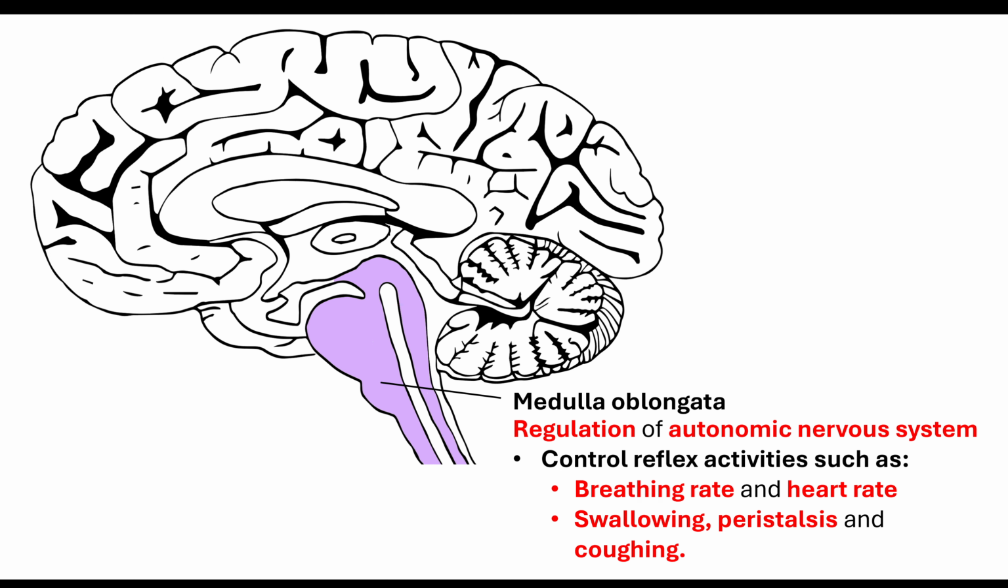We don't have a conscious thought about our breathing rate or our heart rate. It is about the monitoring that's going on that is signaling for our breathing rate or our heart rate to increase or decrease. So are we using our parasympathetic nervous system or our sympathetic nervous system? It is important that you note that this is all interlinked.